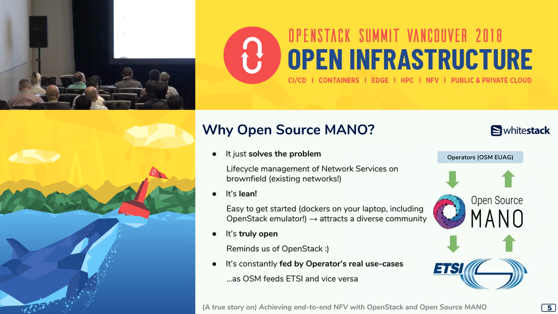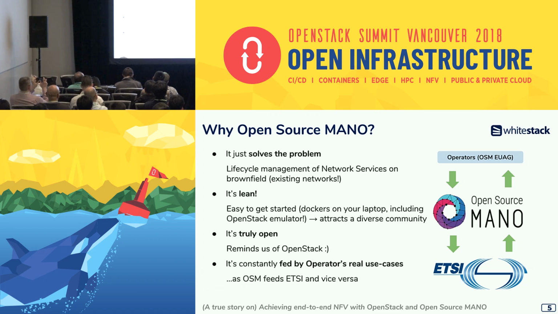And in summary, what we got with Open Source MANO is a stack that just solves the lifecycle management problem, not only focusing on matching the ETSI architecture, but really solving the problem of existing networks, integrating with a brownfield, for example.